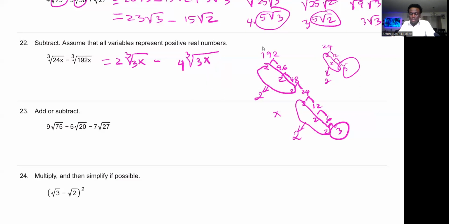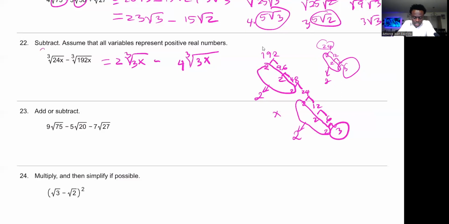So let me recap on that. 24, divide by 2. 2 goes in it. You want to start with the smallest, right? I'm not imposing that, but that's the best way for you to not make any mistake. Okay, so 24, 2 goes into it, and 2 would be the smallest prime number to go into a number. So divide by 2, 24 divided by 2 is 12, 12 divided by 2 is 6, 6 divided by 2 is 3.